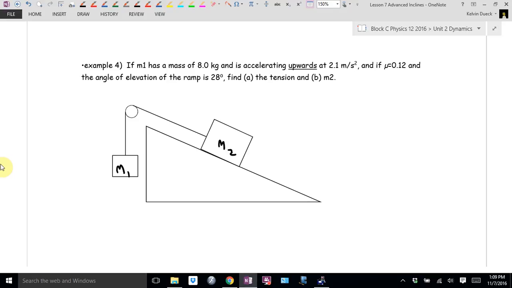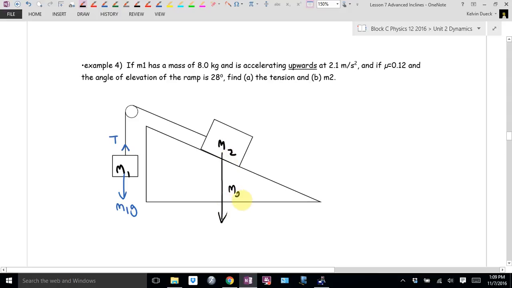What are the forces acting on mass 1? Get the obvious one. What else? Good. Normal force? No, it's hanging in midair. Friction? No, it's hanging in midair. Mass 2 is on a ramp, yes. Components.